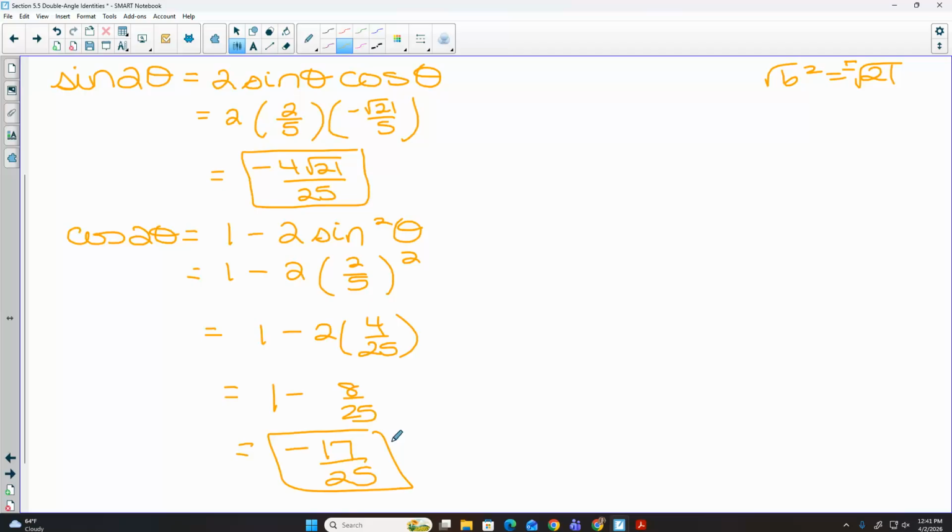If you did one of the other two formulas, you would get the same thing. All right. So far, so good? Would it be positive 17 over 25? Oh, yes, it is. Thank you. 1 minus that should be positive.